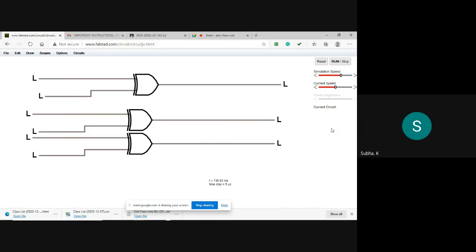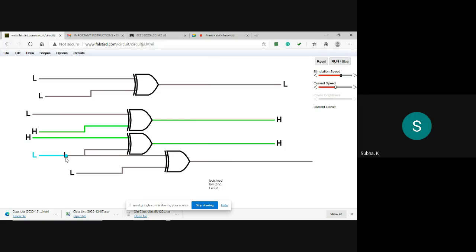Okay. So tell me the truth table for XOR gate. 0110 or 1001? 0110, no? Which one? XOR 0110 or 1001? 00 means low states. 01 means high states. 10 means high states.